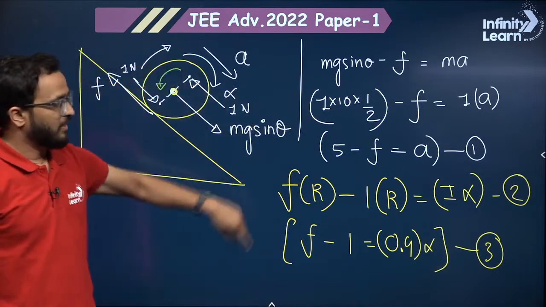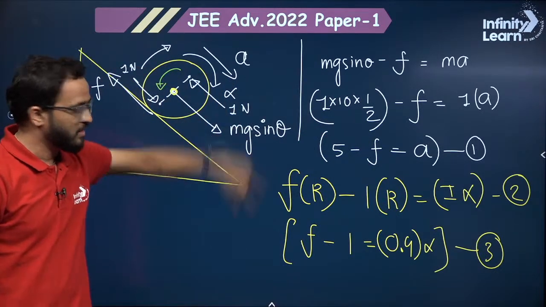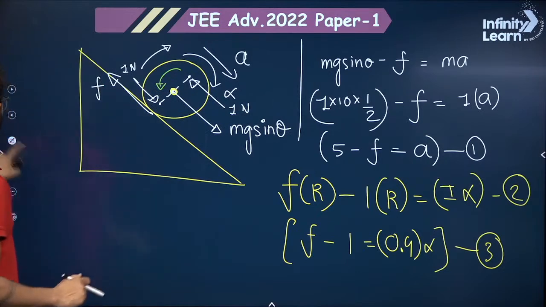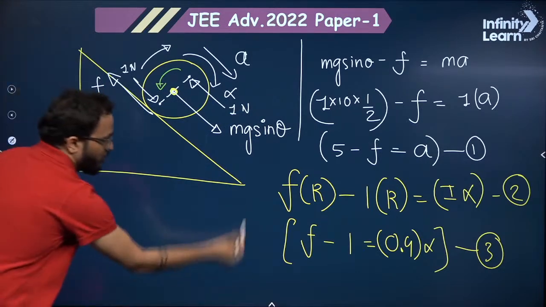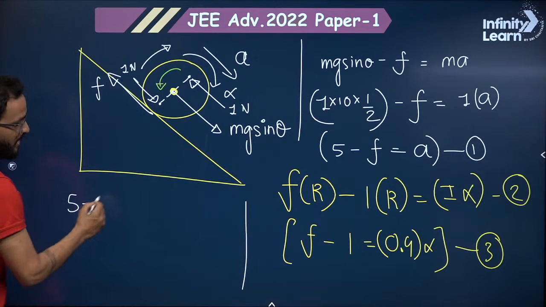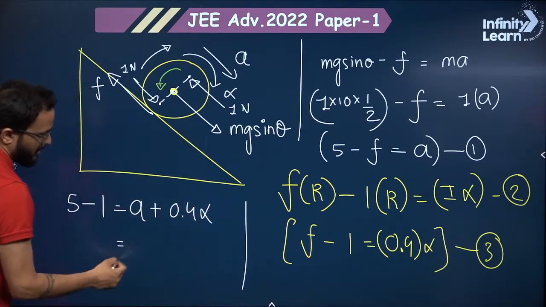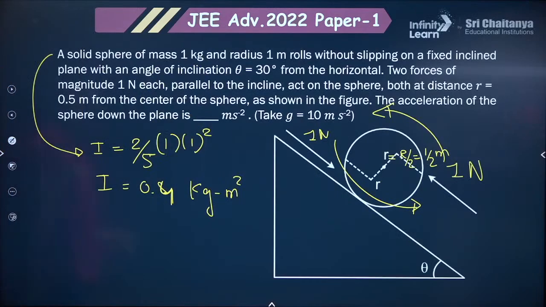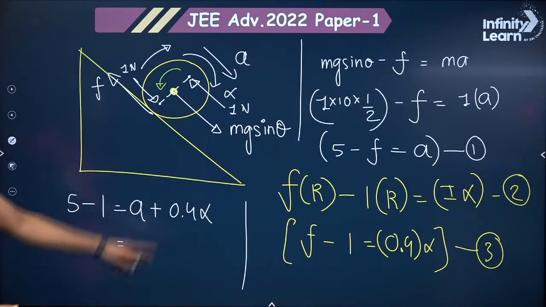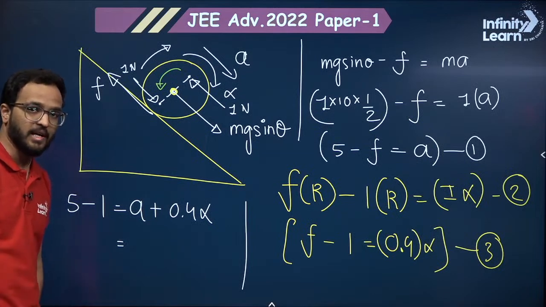Now you can add the first and third equation and get friction cancelled, right? So it will be how much? If you do that, it will be 5 minus 1 is equals to a plus 0.4 alpha. So what is a? A is r alpha. What are they asking? The acceleration of the sphere down. So alpha is what? A by r. R is 1.